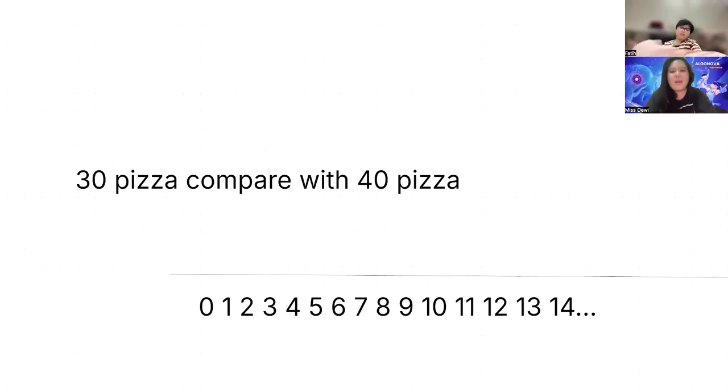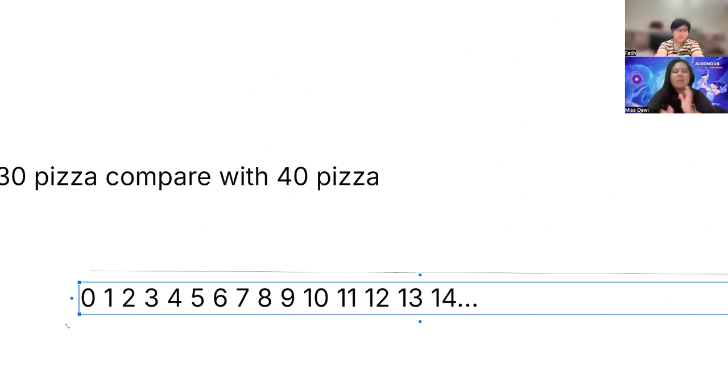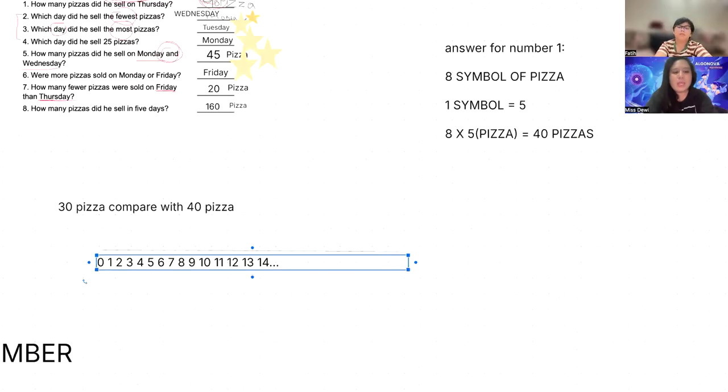But I think Fatih is already used to the number line, so we don't use the number line from 0. We're going to start from 30 since they are comparing 30 and 40. So we make 30, 31, 32, 33, 34, 35, 36, 37, 38, 39, and 40.